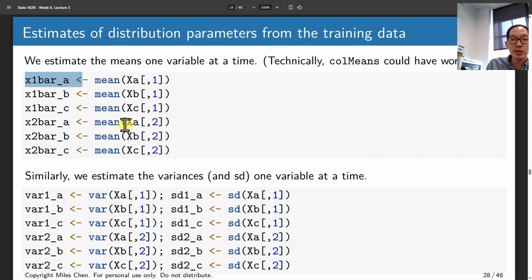And I do the same thing for the mean of column 2. And so I'm going to get x1 bar for A, x1 bar for B, x1 bar for C, x2 bar, and so on and so forth. And I can calculate the standard deviations for column 1 and the standard deviations for column 2.